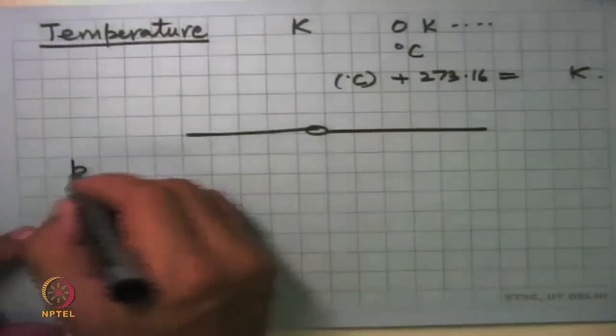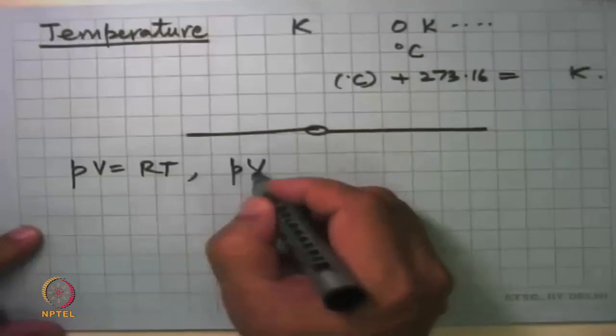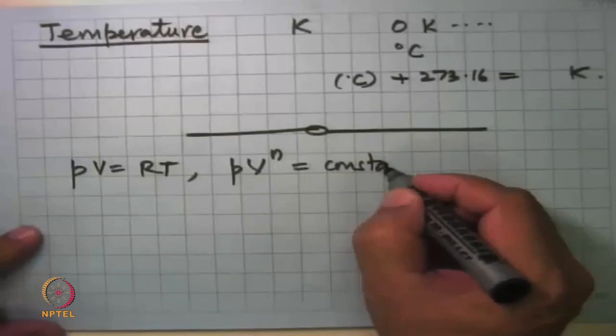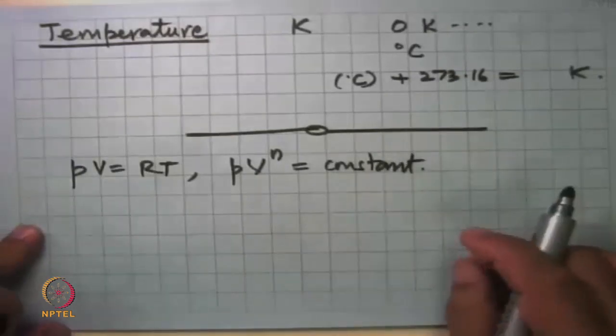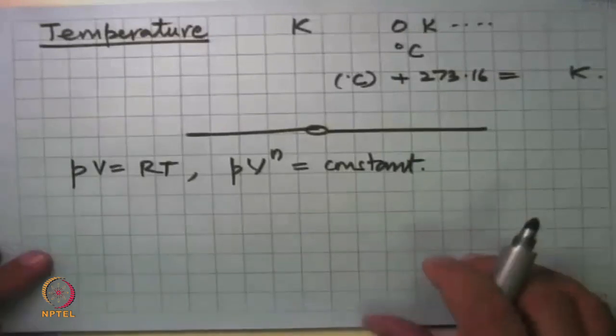Many of you have used equations like PV is equal to RT and PV to the power n is constant and things like that. We have not yet started discussion on this. It will come later on.